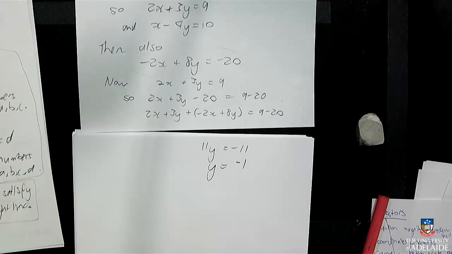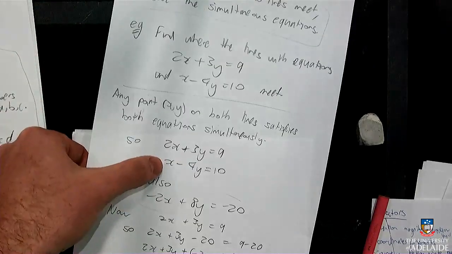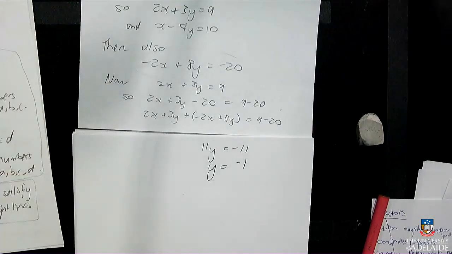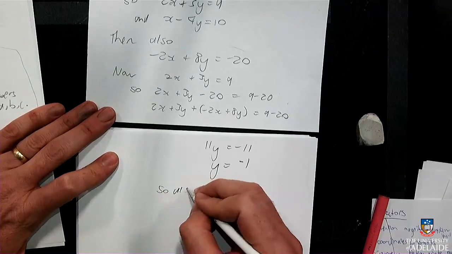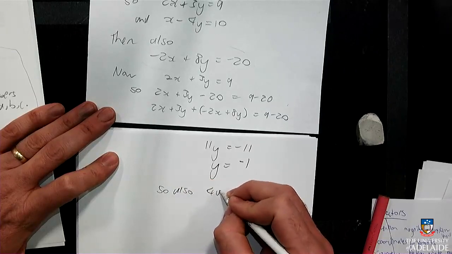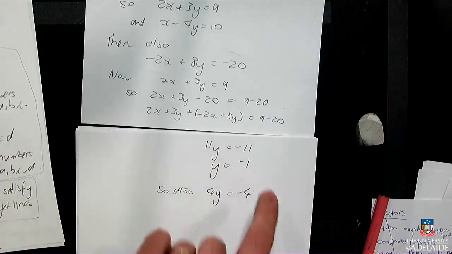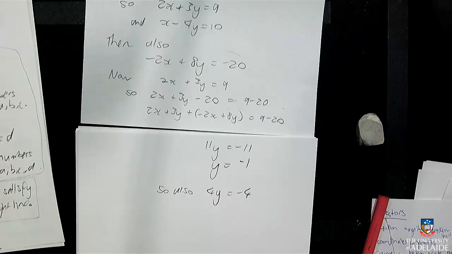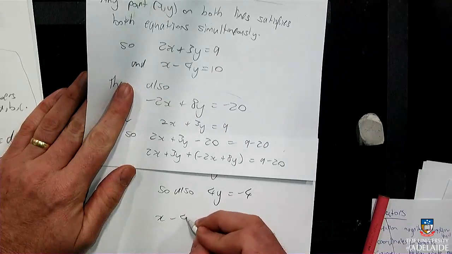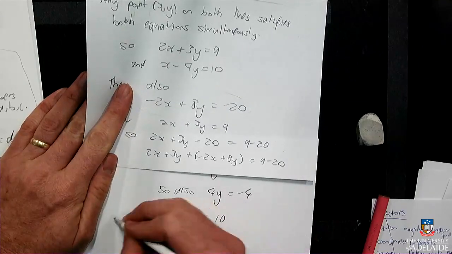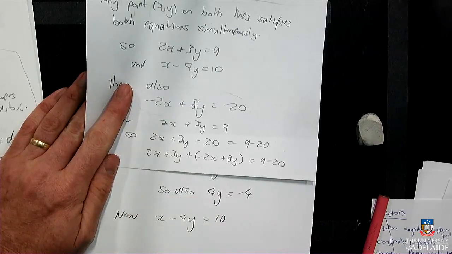And now if the y really is minus 1, then that should allow me to figure out what the x is as well. But are you ready for a magic trick? Ready? It's really cool. If y is minus 1, 4 times y must be minus 4, which means that x minus 4y... Now, x minus 4y was 10. Do you remember that?